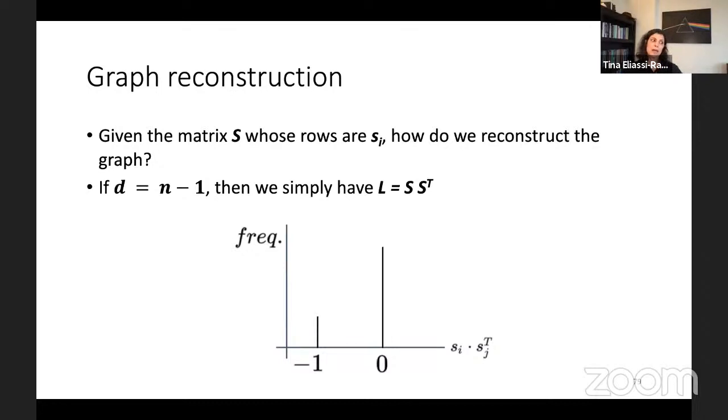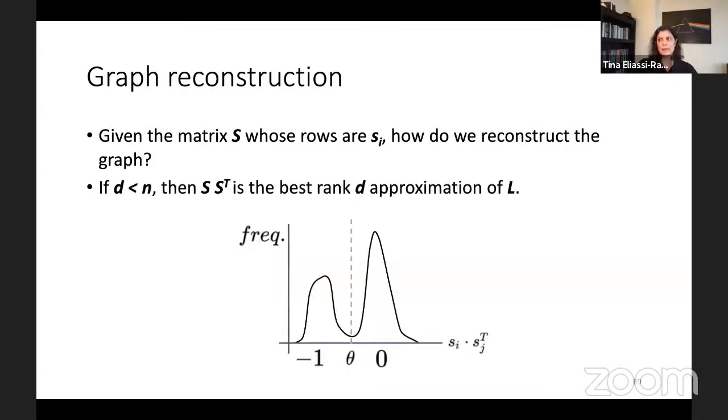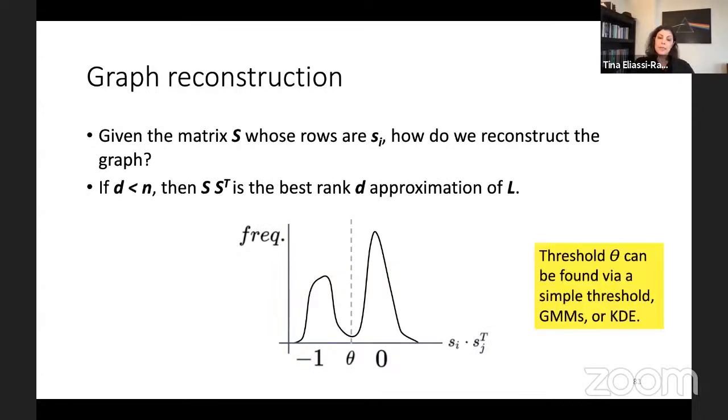Now, if I didn't do any kind of dimensionality reduction and the number of columns of S that I picked is n-1, then all I have to do is take S and multiply it by its transpose, and I will get my Laplacian matrix, and then I'll be good to go. But if you don't have that, then you have to find this threshold theta.